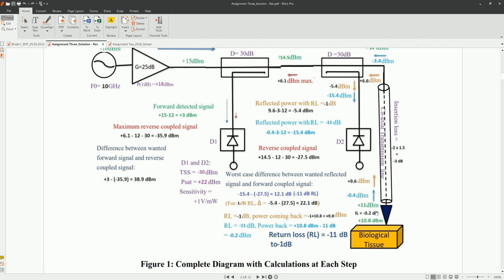Now we will be calculating the reflected wave in dBs or dBm. The two limits are from -1 dB to -11 dB.